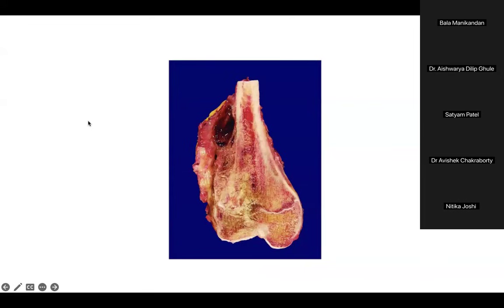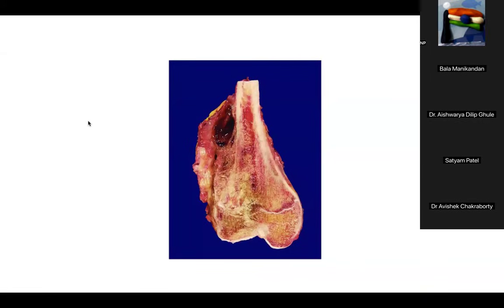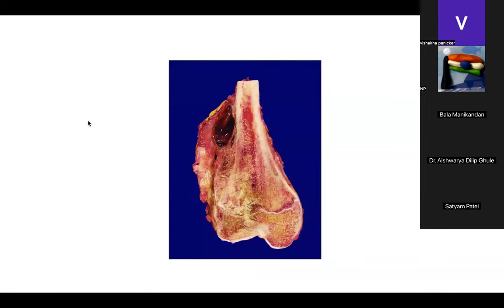Okay, Dr. Raja, what do you see here? This is a gross specimen of a long bone, which shows a solid mass, yellow to white in color, with areas of hemorrhage and necrosis, arising from the metaphysis, extending into the diaphysis, and also causing destruction of the cortex.